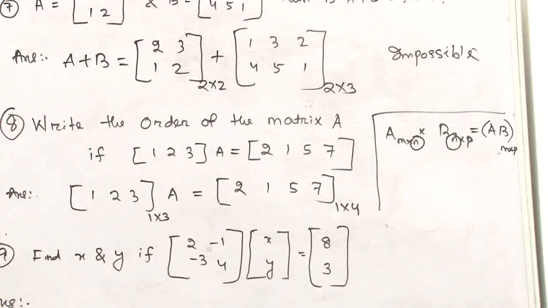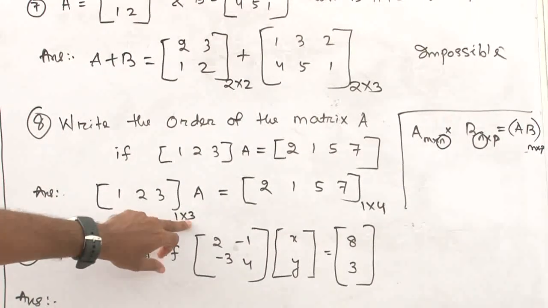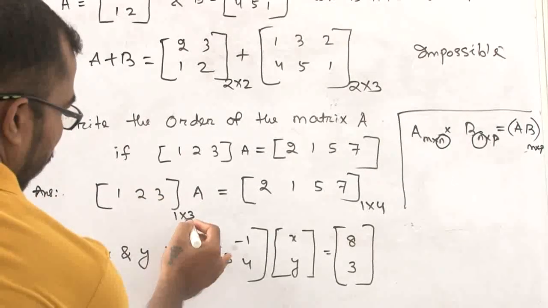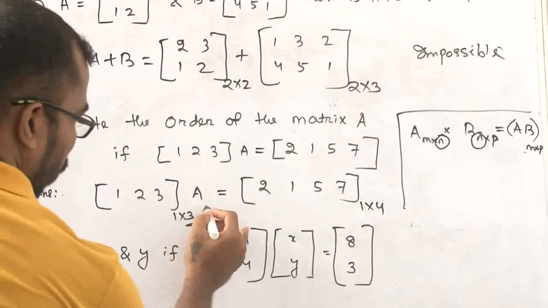So in this question, the order of the first matrix is 1 into 3 and as the number of columns is 3, the number of rows must be 3.